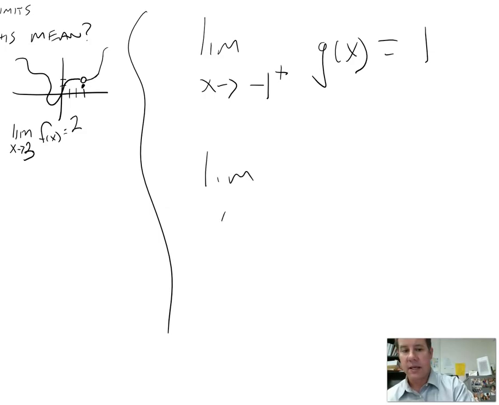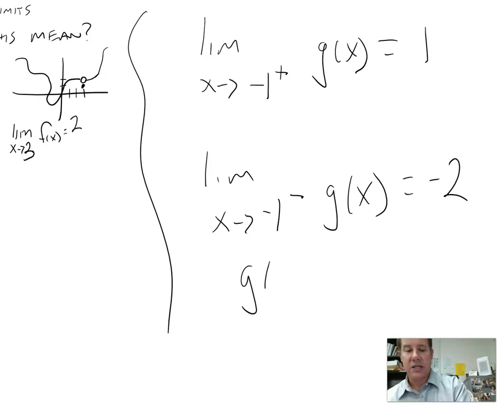The limit as x approaches -1 from the left of g of x is -2. And then I know that g of -1 is equal to 0.